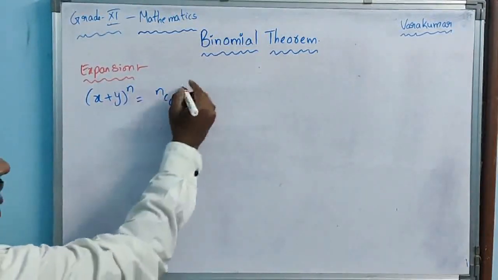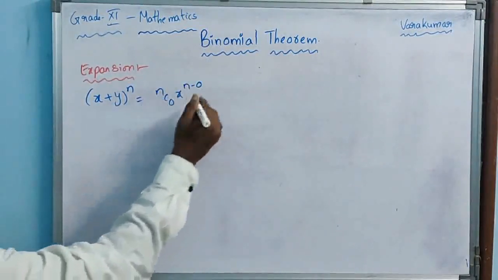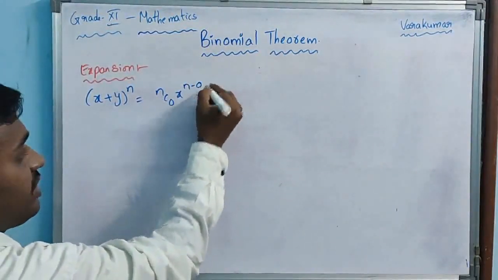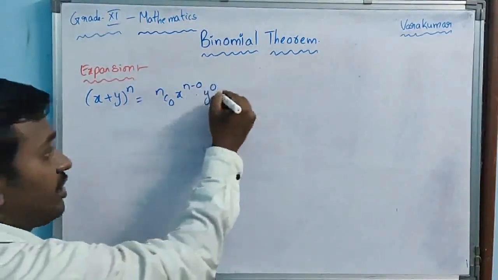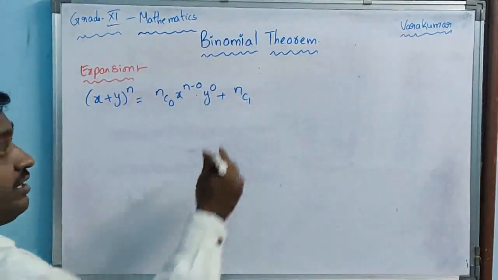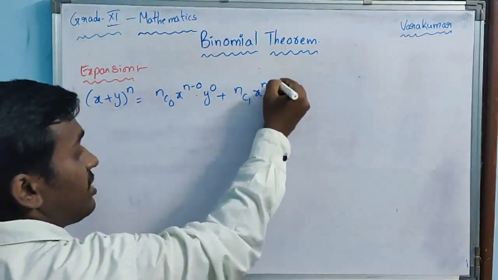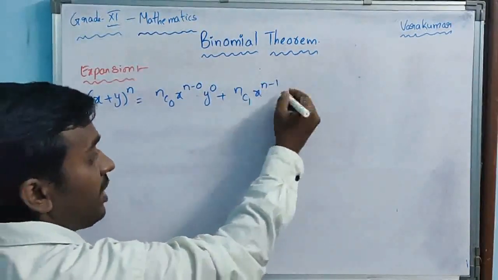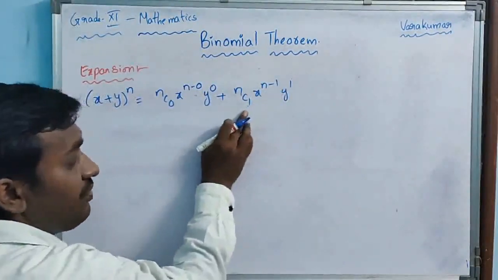Here nC0, x power n minus 0, the difference, into y power 0. Whatever the foot is, it will become 0. Next term is nC1, x power n minus 1, y power 1, the foot will be 1.